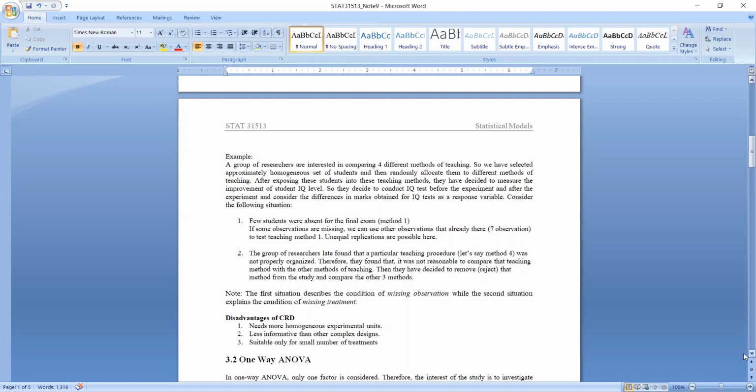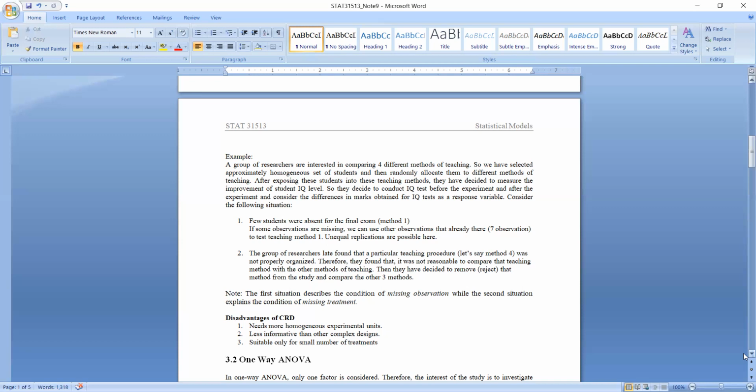Sometimes observations will be missing, and sometimes there are some problems with the treatment. So no problem. When you come up with these situations, you can omit these missing values and you can continue your analysis, your calculations. So that is actually one of the major advantages of completely randomized designs. We can still do our calculations even when we have missing values and missing treatments in our design.